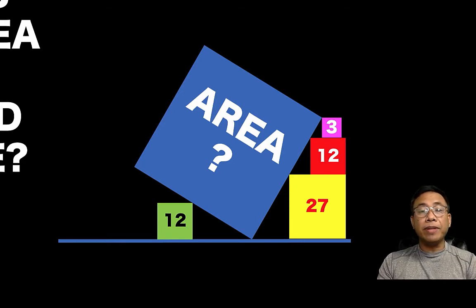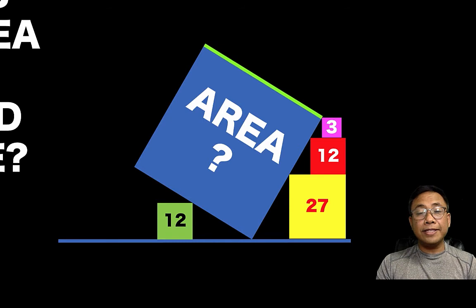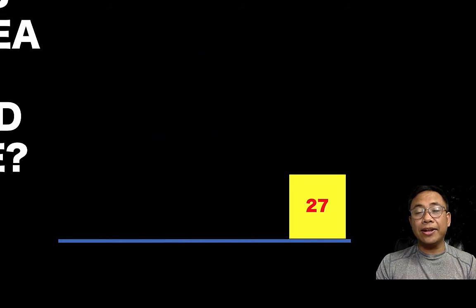Now let's solve this problem together. Let's begin by noting that in order to find the area of this tilted square, we need to be able to find the side length of the blue square. And in order to do that, let's concentrate first on the smaller squares. So let's isolate first the yellow square.